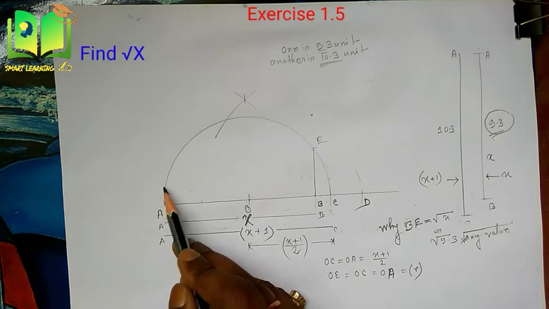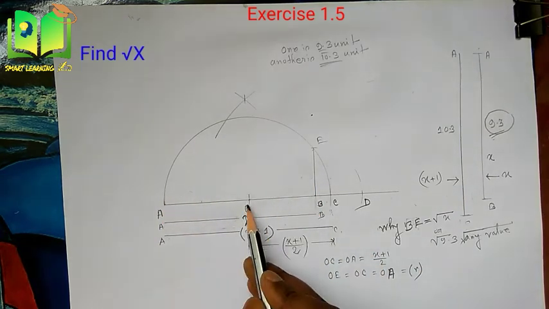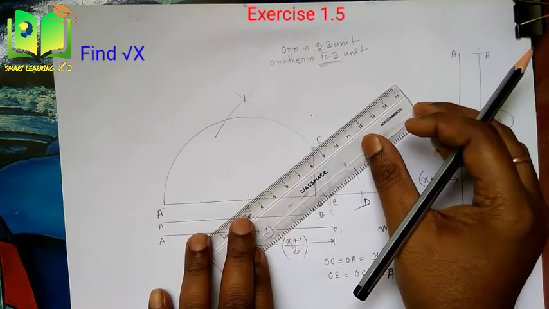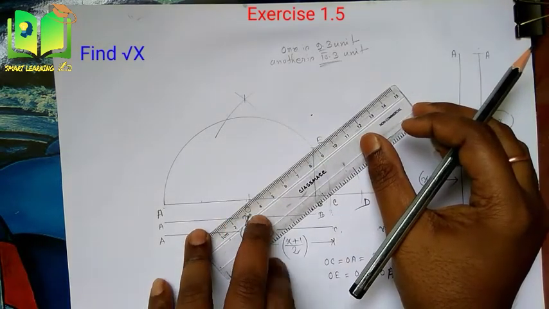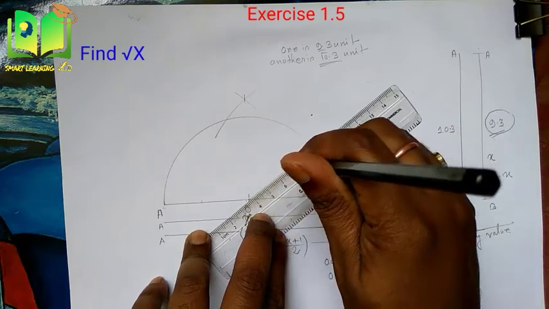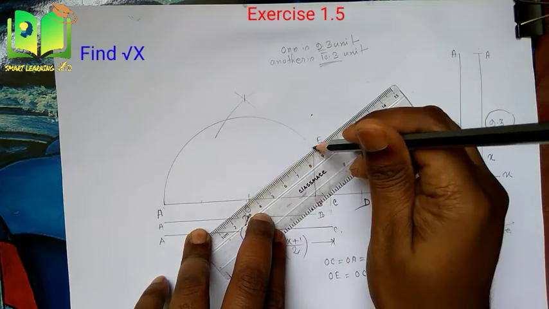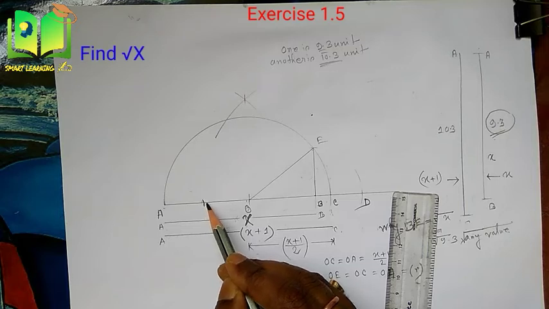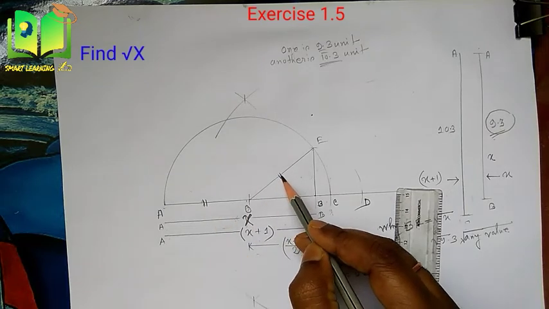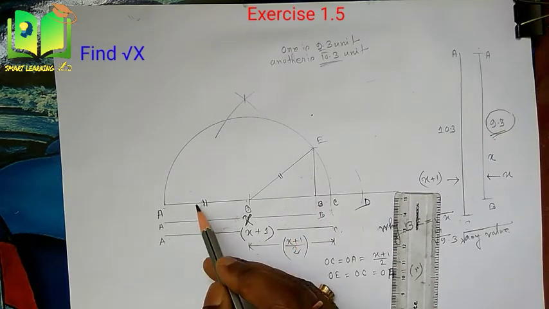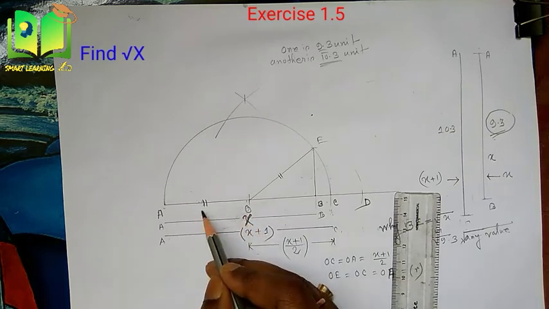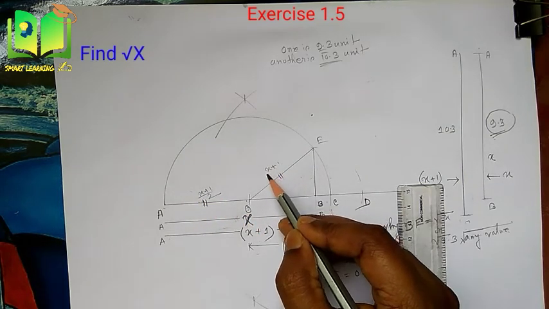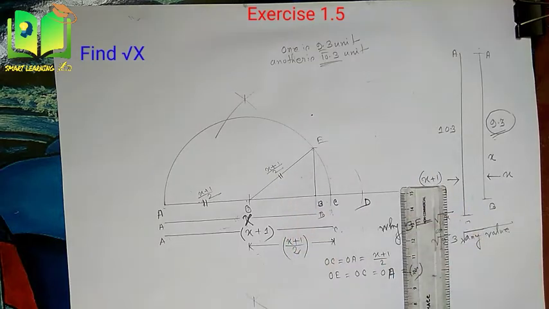See, if it is a semicircle, O to A and O to E are both the same, right? This one equals this one because they are radii. So if it is x plus 1 by 2, then definitely this is also x plus 1 by 2.